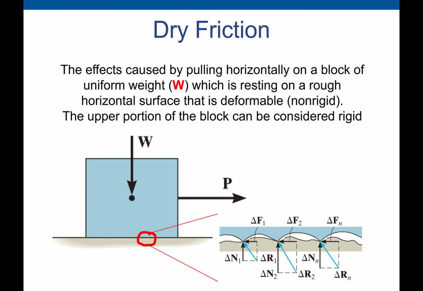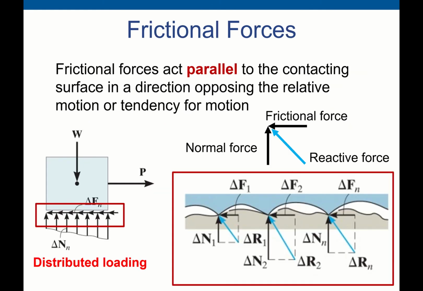Okay, if you look at each contact point, there is a normal force, frictional force, normal force, frictional force. The textbook shows you delta F1, delta N1, delta F2, delta N2. But we learned distributed loading.